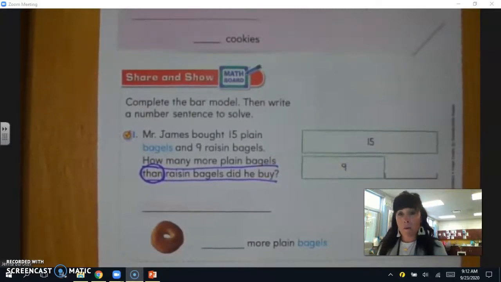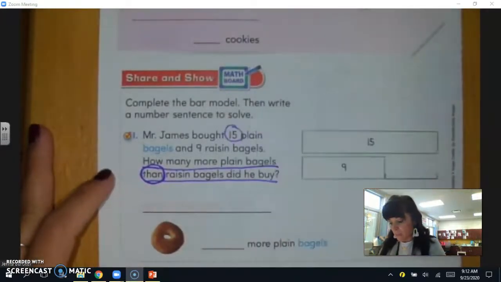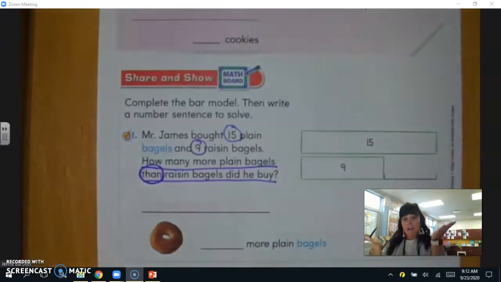That's the kind of problem that we're doing. It's a subtraction problem, okay? Now that we know it's a subtraction problem, what numbers are we subtracting, right? It says that Mr. James bought 15 plain bagels and 9 raisin. So we must be comparing the two bagels, right? It says how many more plain bagels than raisin bagels. So we're comparing the two, so we got to subtract.